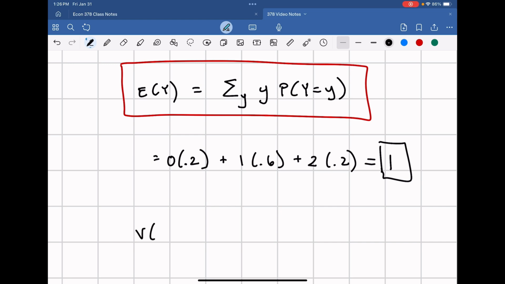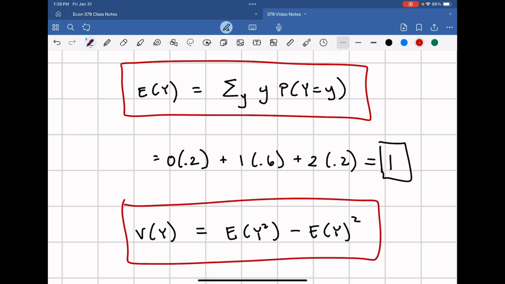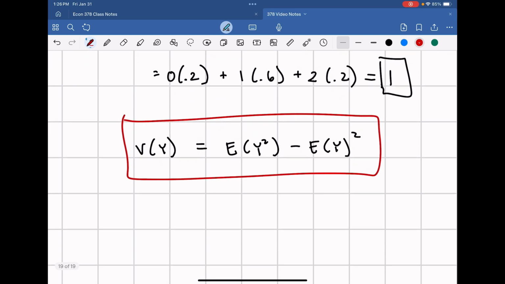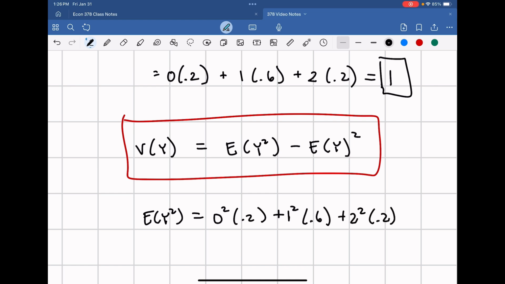Next, I can ask what's the variance of Y? Well, this is equal to the expected value of Y squared minus the expected value of Y quantity squared. That's a key equation for the variance. I can then break this apart by first looking at the expected value of Y squared, which is equal to 0 squared times 0.2 plus 1 squared times 0.6 plus 2 squared times 0.2.